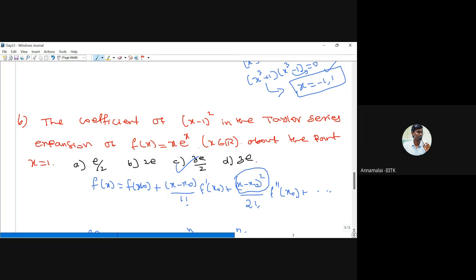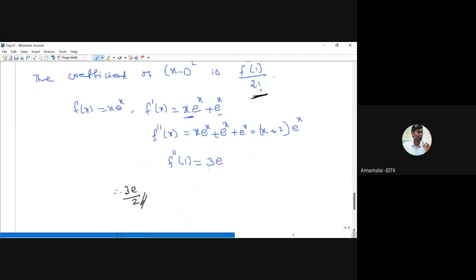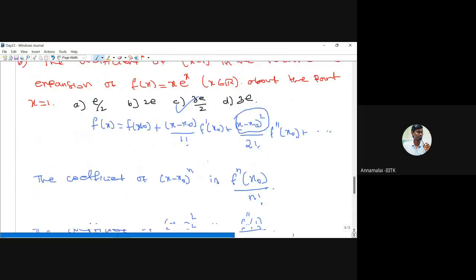Now, what is the radius of convergence of the following power series? I think this is the seventh problem.